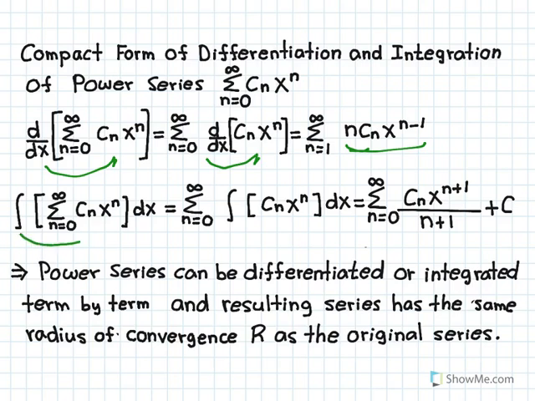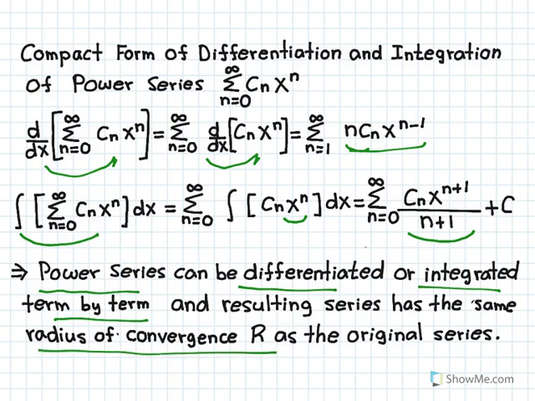So bring the integral inside the summation and integrate x to the power of n, reversing the power rule. So we get c sub n times x to the power of n plus 1 divided by n plus 1, summation n goes from 0 to infinity, plus c. So power series can be differentiated or integrated term by term, and the resulting series has the same radius of convergence r as the original series.